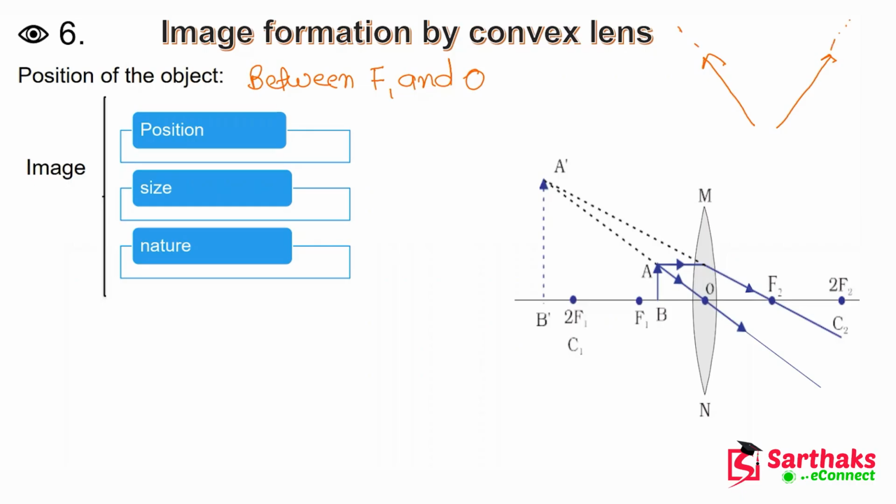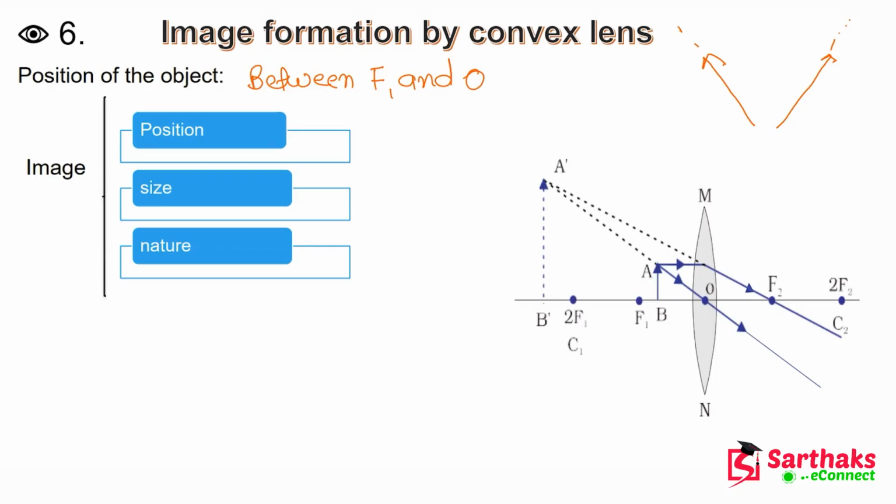So what can we do to make them meet? We have to extend them in the backward direction. If I draw this line and extend it in this direction, and extend this ray also here, then at this point they appear to meet. So this is the point where the rays appear to be meeting.